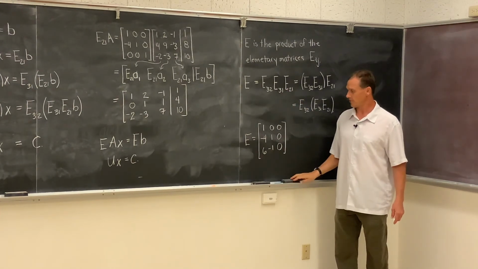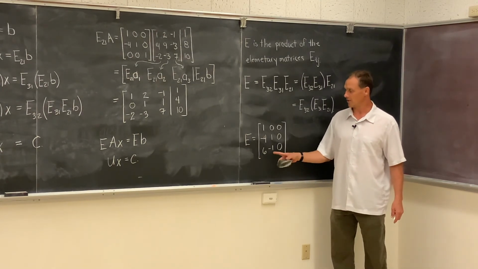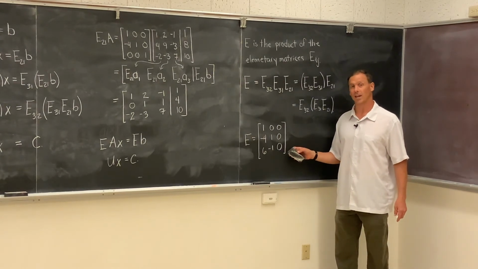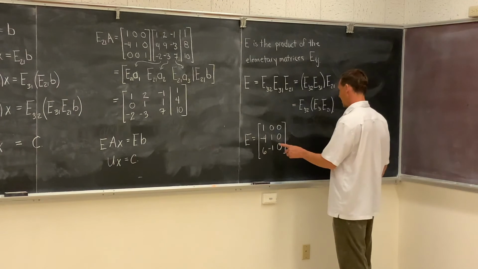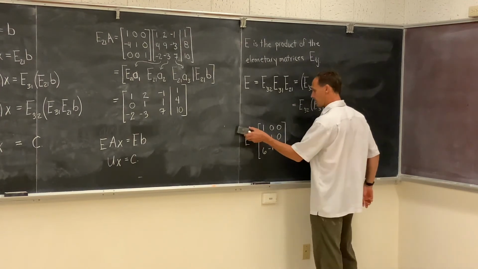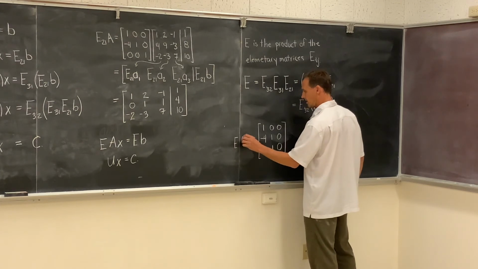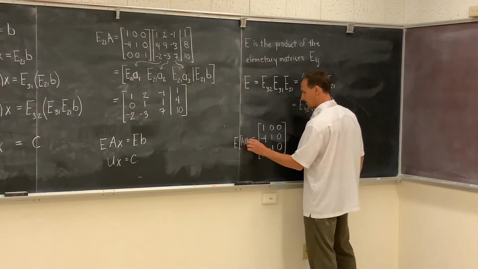And so for our final step, let's take the matrix E and multiply it by the augmented matrix AB, and see if in fact we get UC. That's our goal. So I'm going to just change this a little bit. There's E. Since I don't have a lot of room, we'll make this E times AB.